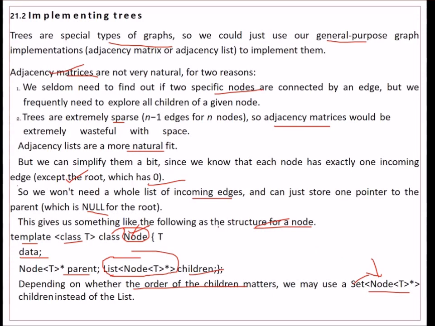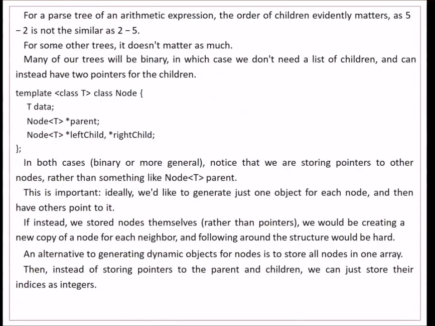Because in a set and a list, the order does matter in one of them and not in the other. For a parse tree of an arithmetic expression, the order of children evidently matters. For example, 5 minus 2 will not give the same result as 2 minus 5. But for some others, it may not matter.